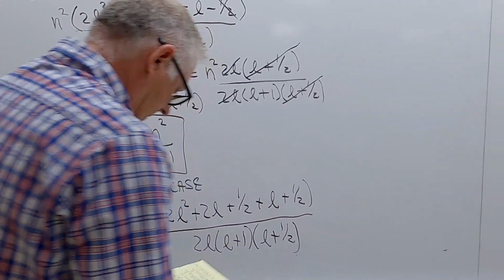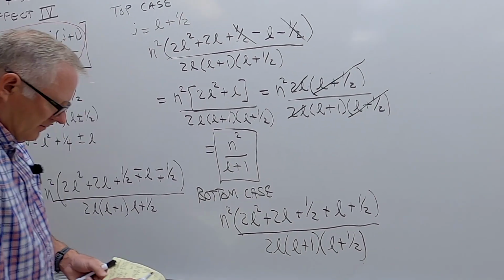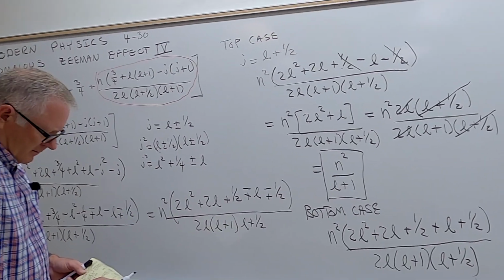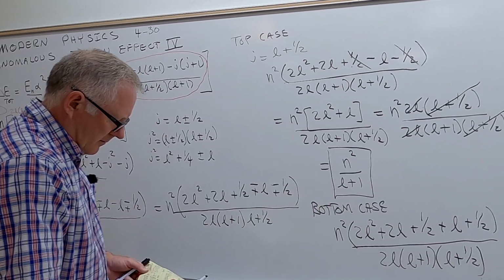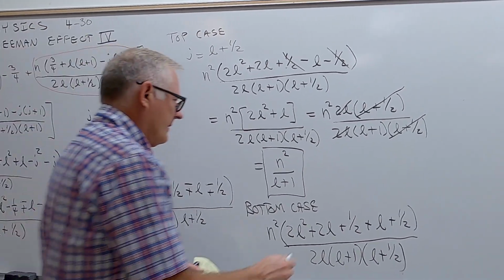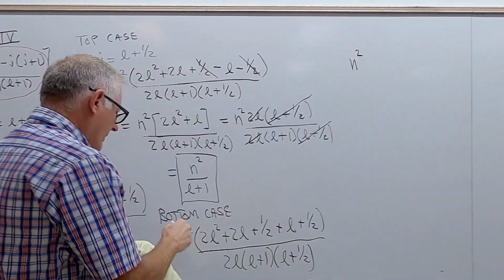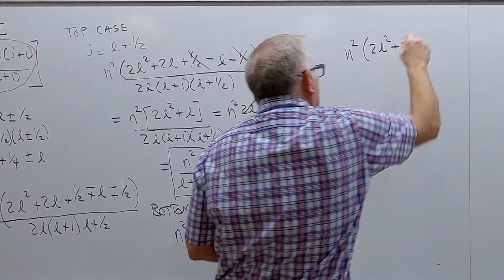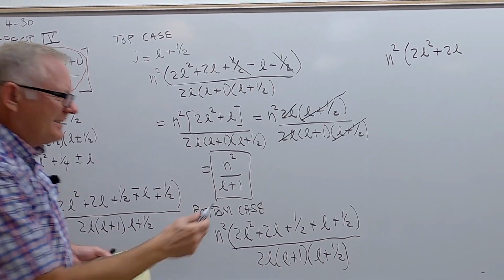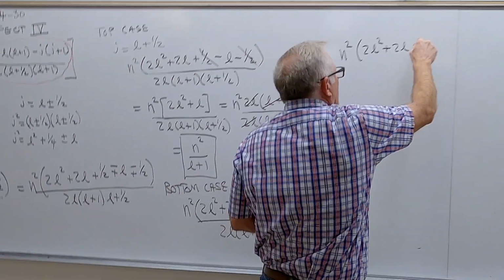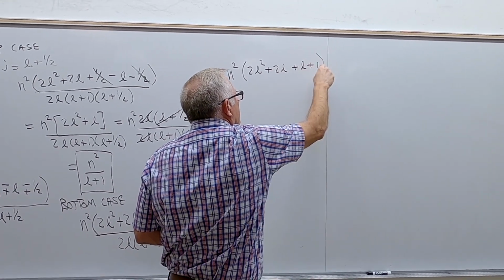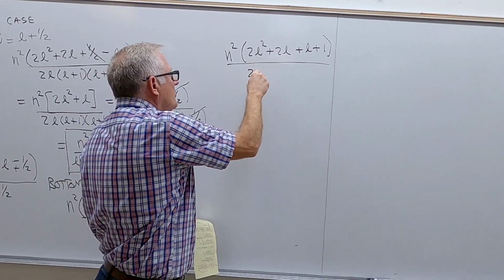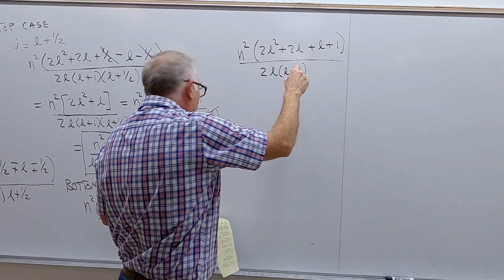So this is n squared, and we've got 2L squared plus 2L plus L plus 1, all over 2L, L plus 1, L plus a half.